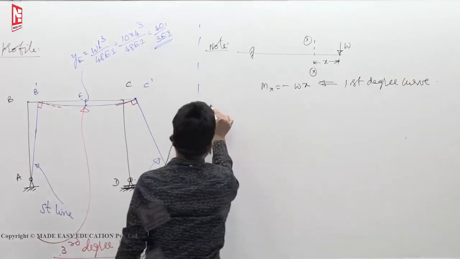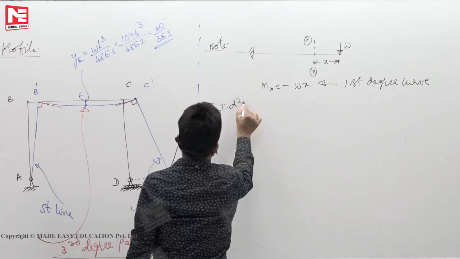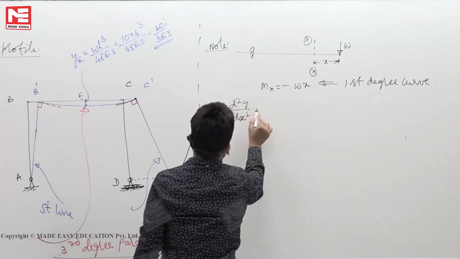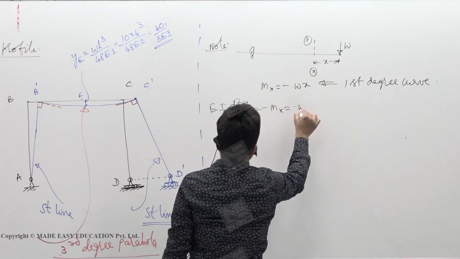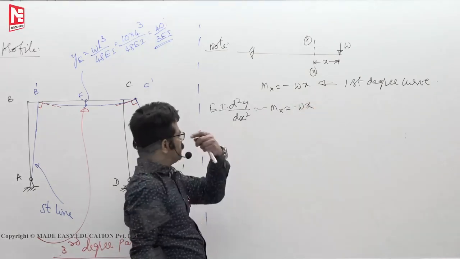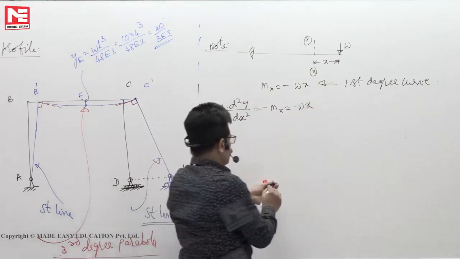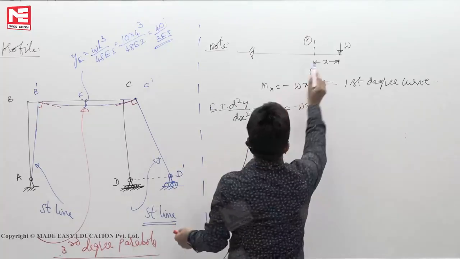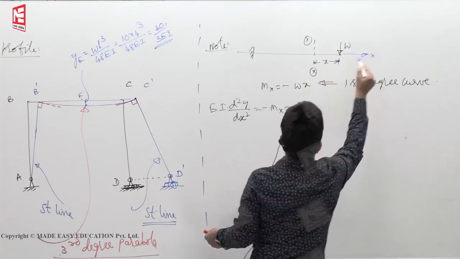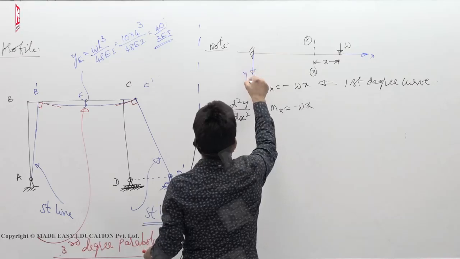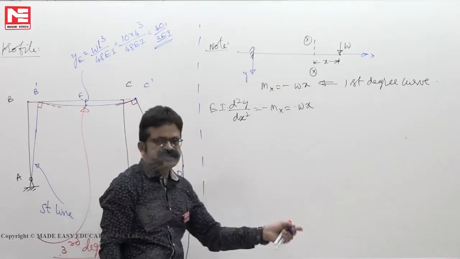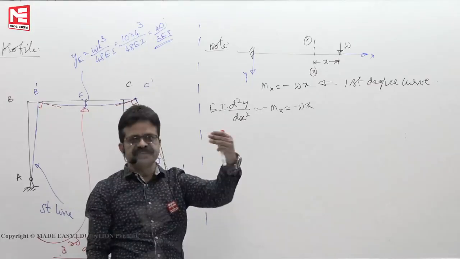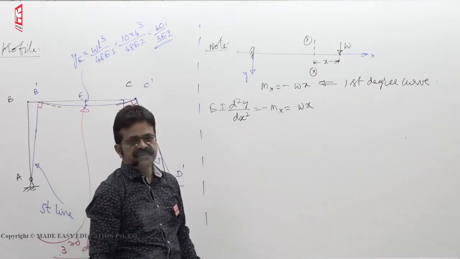Now, to find the deflection, you write EI d squared y by dx squared equals minus Mx, so it becomes plus Wx. We write minus Mx because when you take the y axis downward, this minus Mx you have to write. Because positive bending moment produces negative curvature, meaning reducing curvature. So that's why it becomes minus.